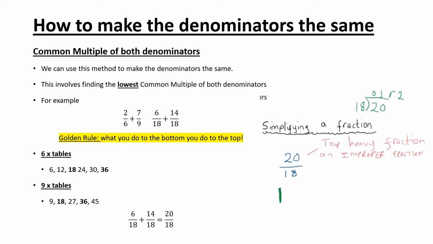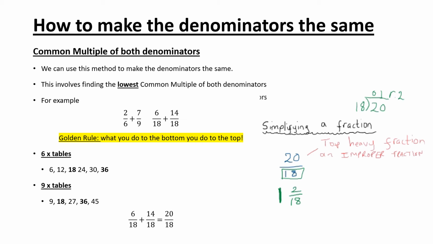So the 2 left over, I'm going to put that here. And what do I put for this denominator? Well, this denominator here was 18, so that remains the same. So we have now got an answer: 1 whole and 2/18.